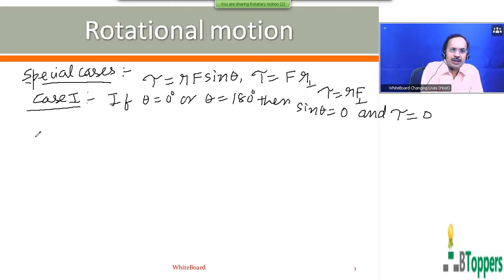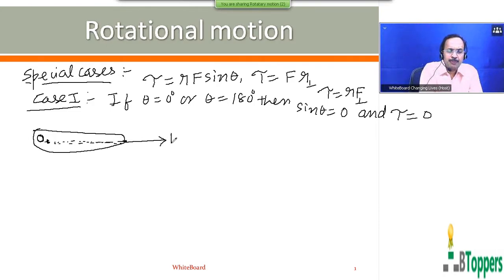So in what situation will theta be 0 degrees? Suppose you consider a body which is capable of rotation about an axis passing through the point O and perpendicular to the plane of the figure. Suppose the line of action of the force F bar passes through the point O, which lies on the axis of rotation.